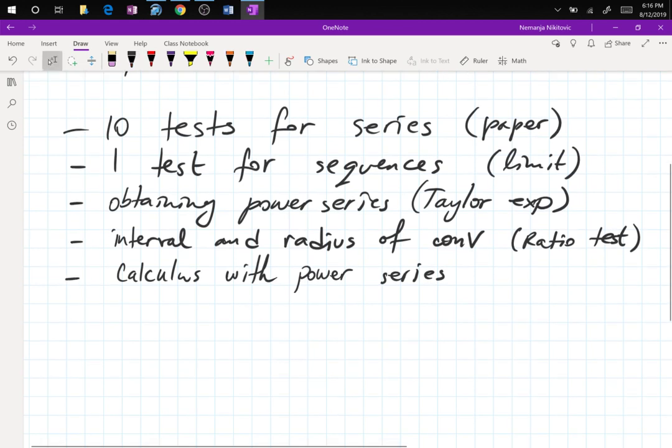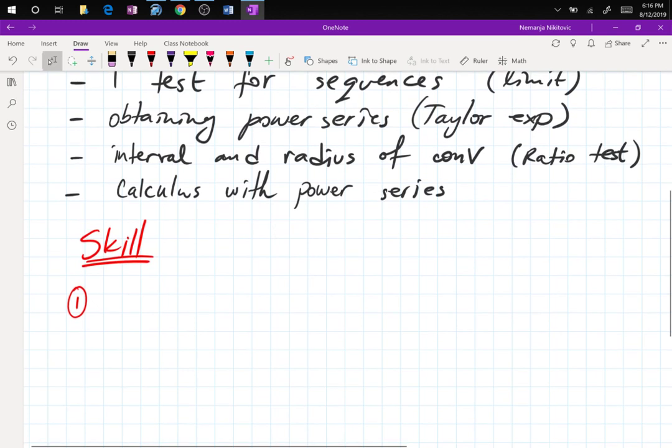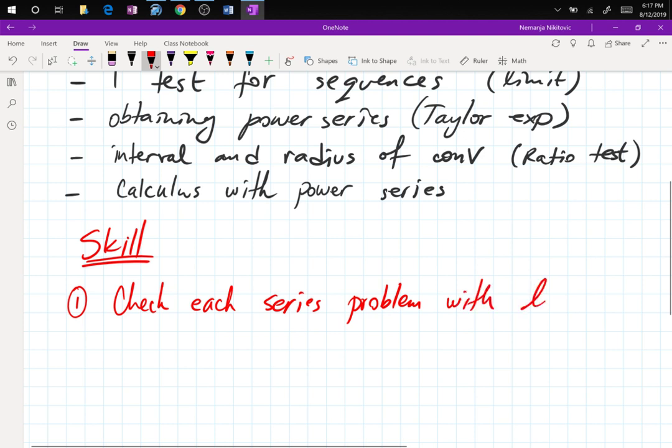Now, in terms of skills, it's very important. Number 1, check each series problem with limit of a_n different than 0, because that's the divergence test.